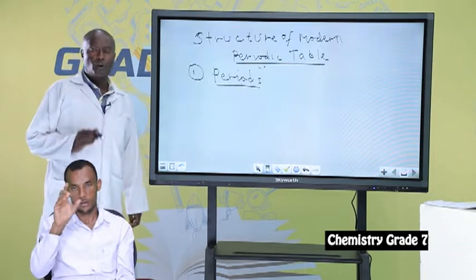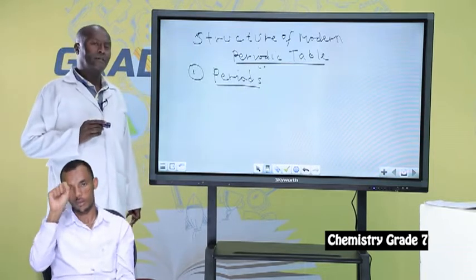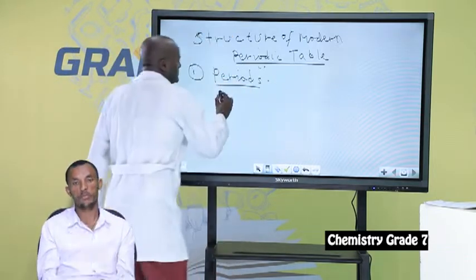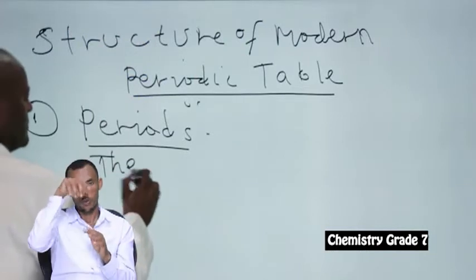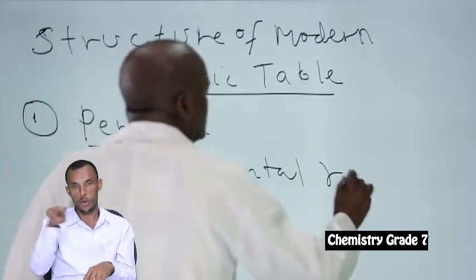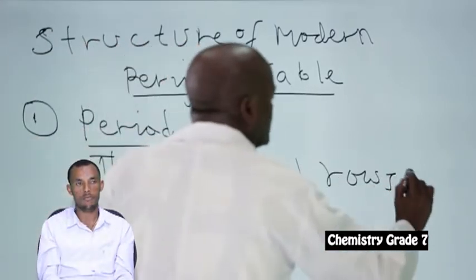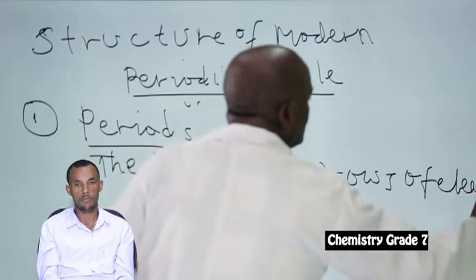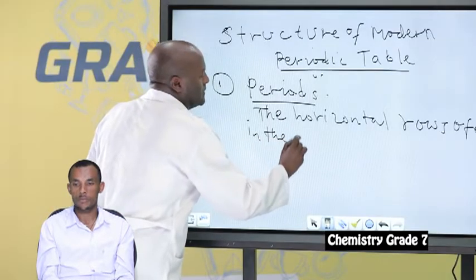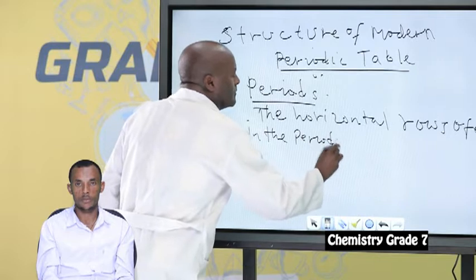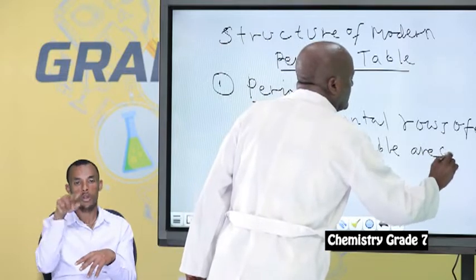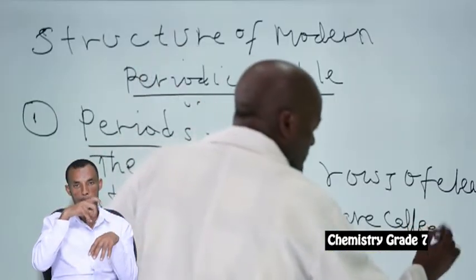The horizontal rows of elements in the periodic table are called periods.